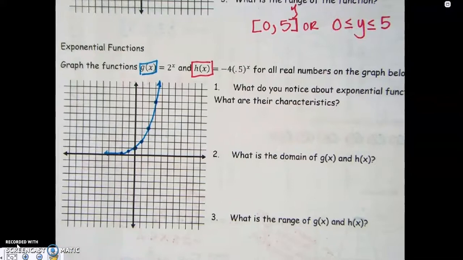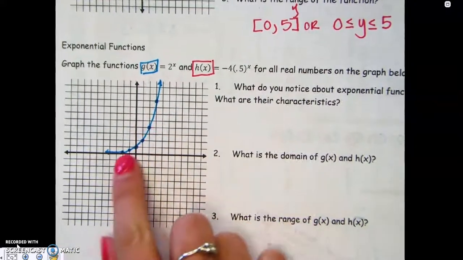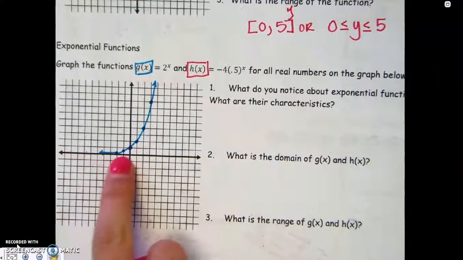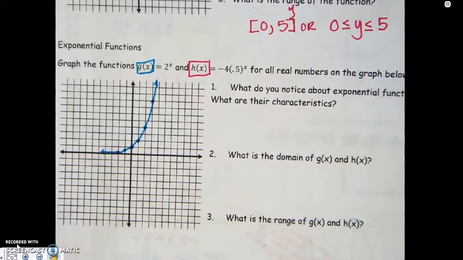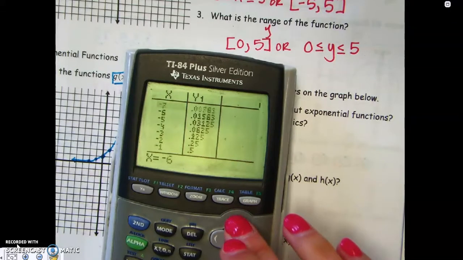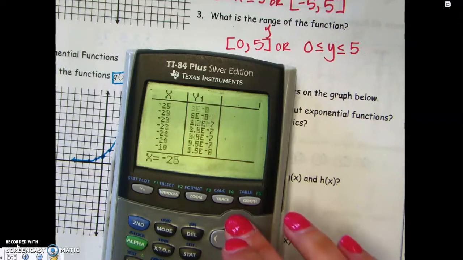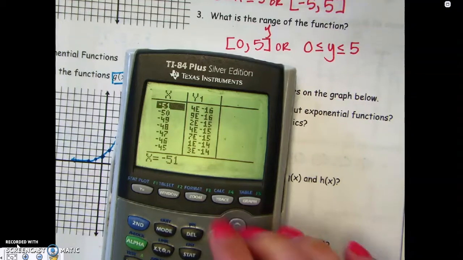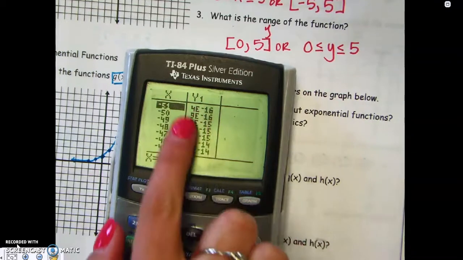This is where we have to do some thinking. I see that my line gets really, really close, but will it ever go below that 0, that x-axis? So I'm going to scroll up and see, will I ever have a negative number? I'm looking all the way at negative 47, 51, and there's still not any negative numbers.